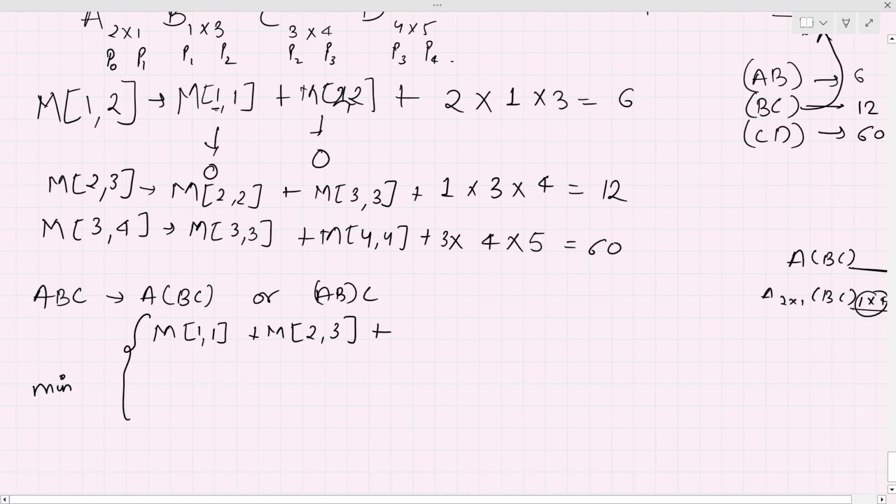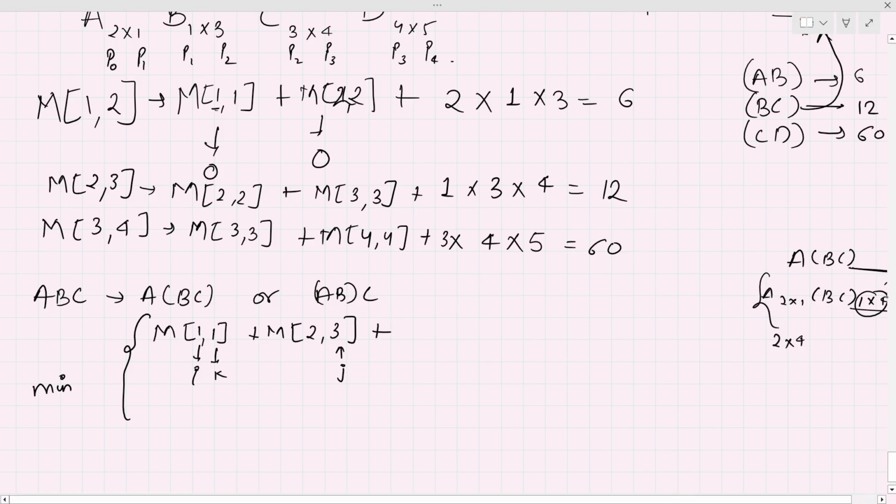So for that you have to remember one formula. The first one is called I, the second one is called K, and the last one is called J. Now how do you find the multiplication of these two matrices? We are directly writing the result 2, 4.